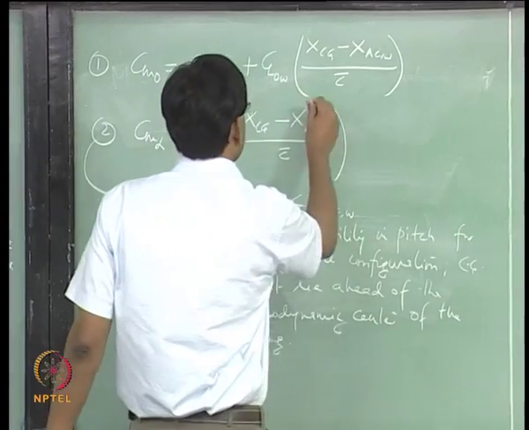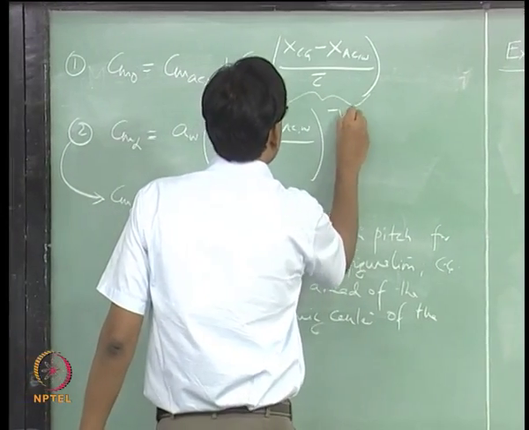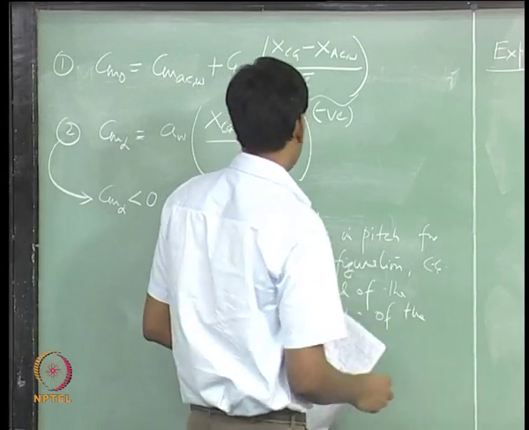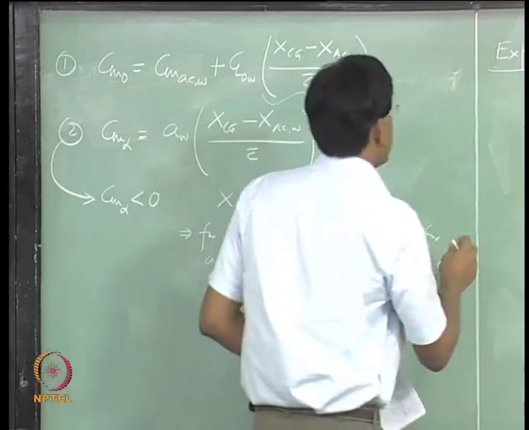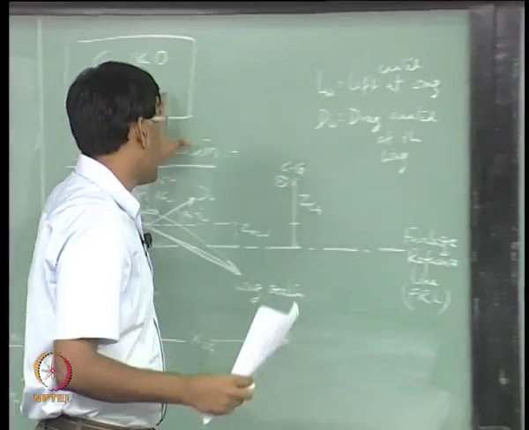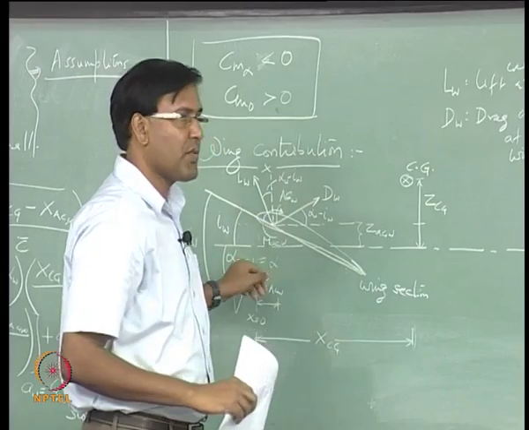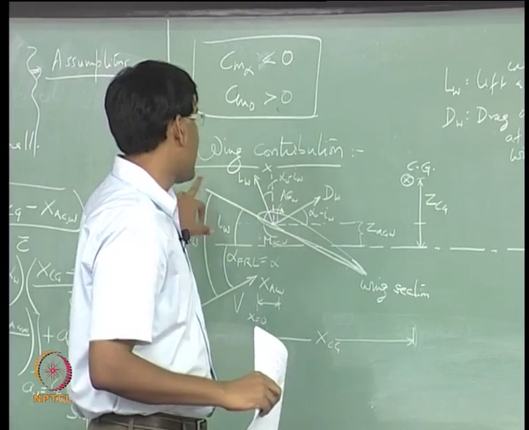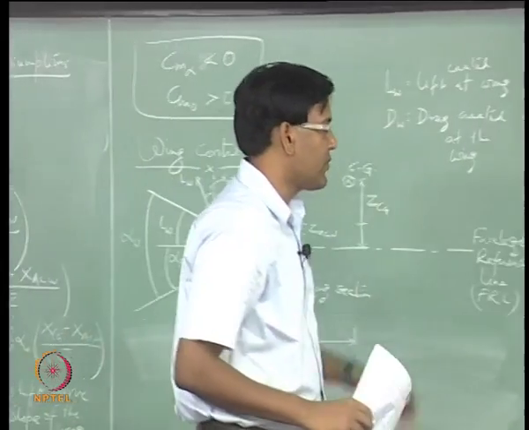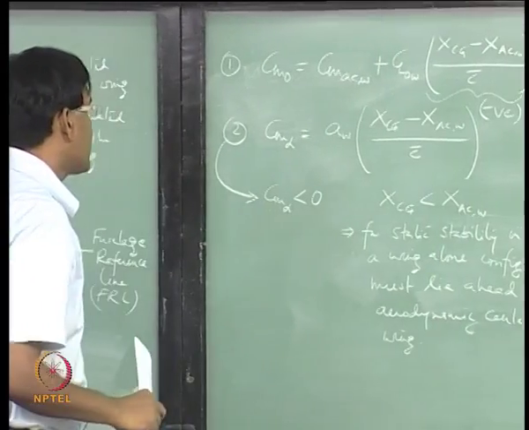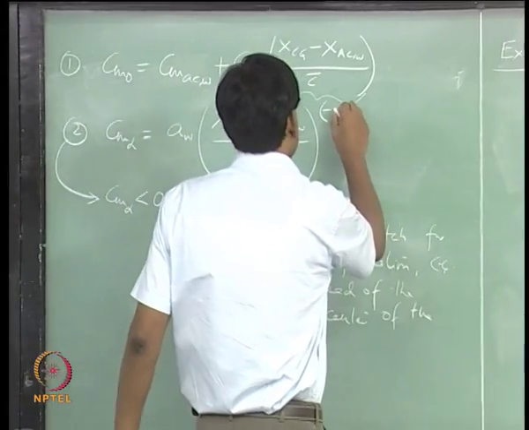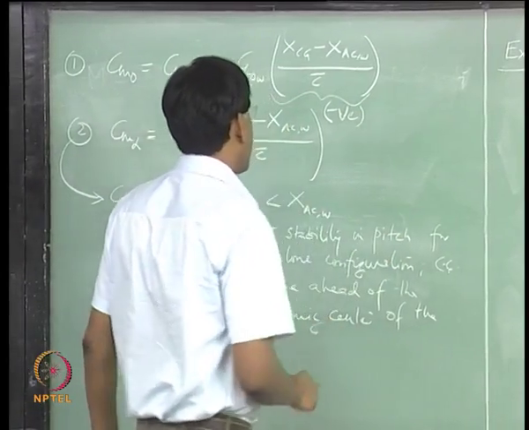So, this is negative, and what we want is Cm naught must be positive. So, Cm naught positive is the condition to fly the aircraft at positive angle of attack, and which we would want for several reasons, because negative angle of attack is going to result in negative lift.